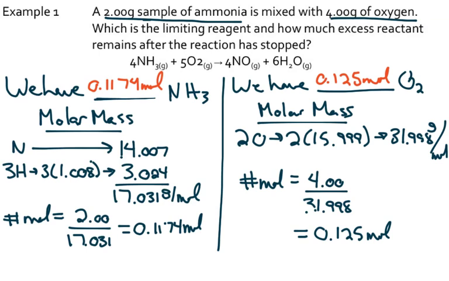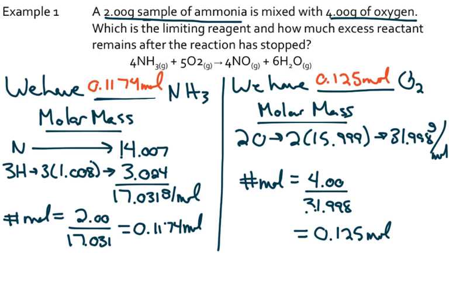Well, no, because 12 tires would fit on 3 cars because we need 4 tires for each car. We may not need a 1-to-1 ratio of moles in this chemical equation. So then we need to actually go ahead and make an assumption. We assume that one of the 2 is the limiting reagent, and we find out if that assumption is actually true. It does not matter which substance we assume.